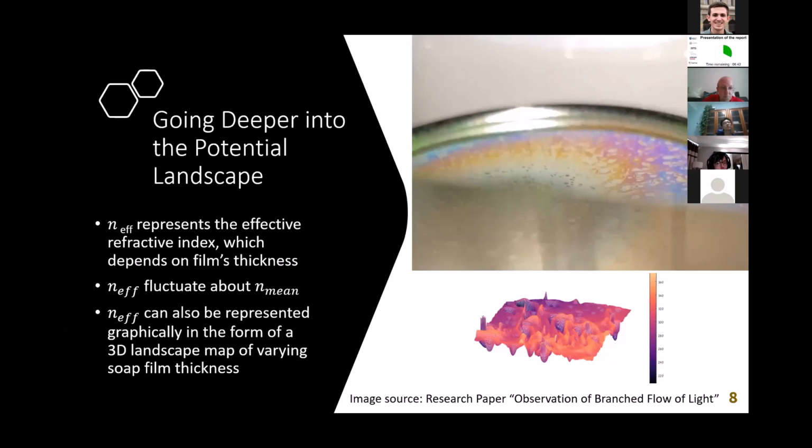As you can see on the top right corner, there's thin film interference where different colors are being exhibited. And because different colors are being exhibited, different wavelengths are present at different spatial points within the soap film. For that reason, this helps give us a deduction that this corresponds to changes in the thickness of the film and therefore leads to weak changes in refractive index in the soap film.